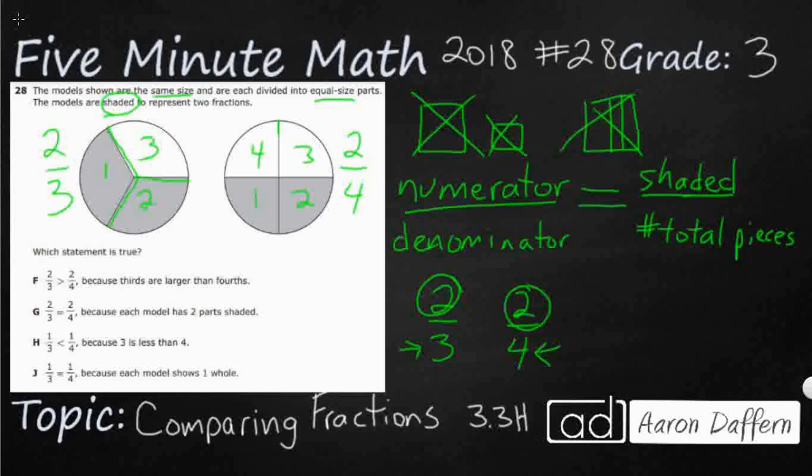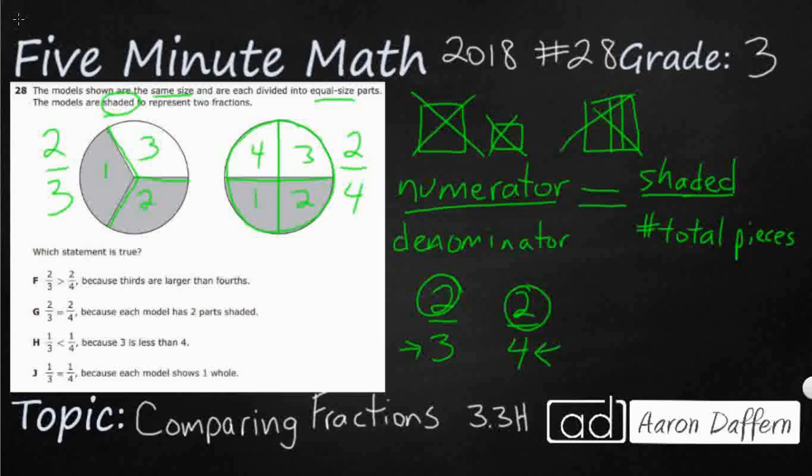Look at how my pieces are a little bit smaller, because I have to take that exact same size circle and break it up into 4 parts rather than 3 parts. So as my denominator gets bigger, each individual piece gets smaller. And you probably have had a pizza and have taken a 1/4. That's more of a doable piece, especially if it's a personal pan pizza.